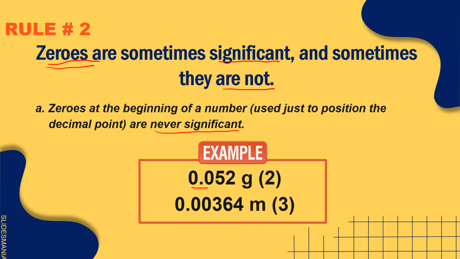These 2 zeros here are not significant. Therefore, we only have 2 significant figures for example number 1. While in example number 2, 0.00364 meters, these 3 zeros here are not significant. Therefore, we have 3 significant figures for example number 2.